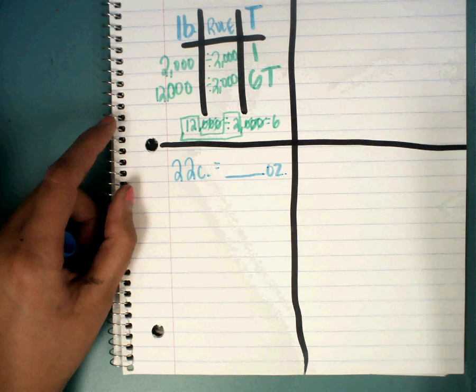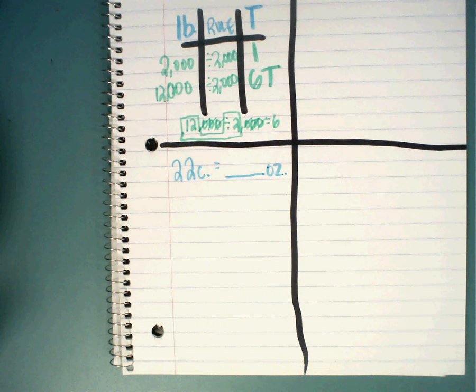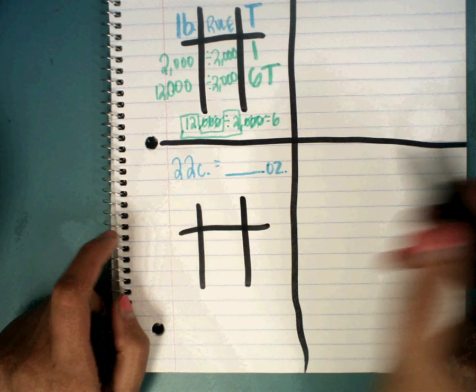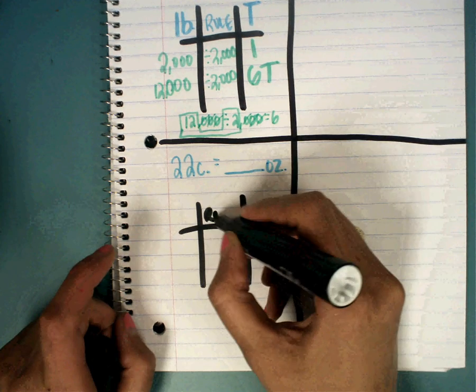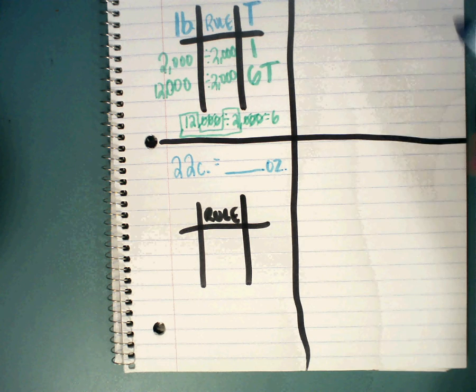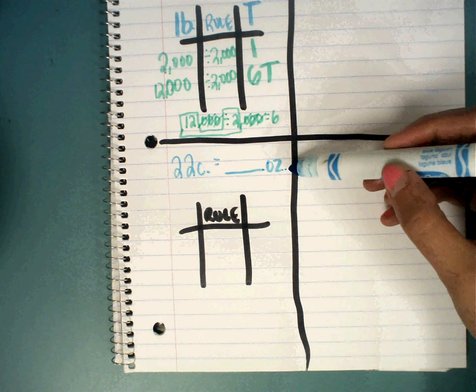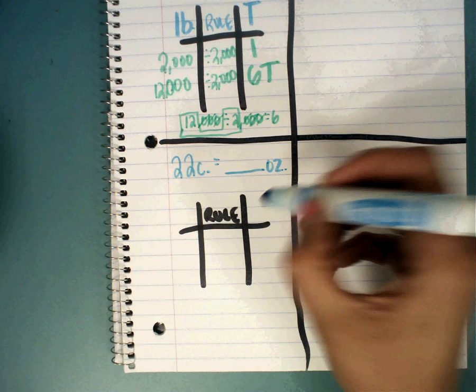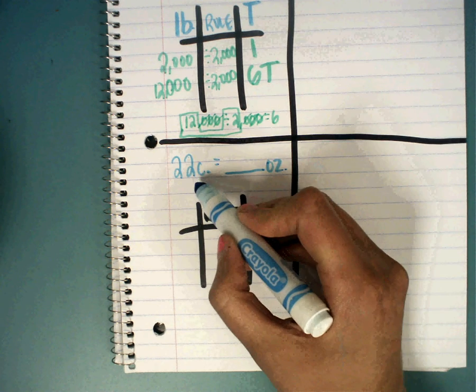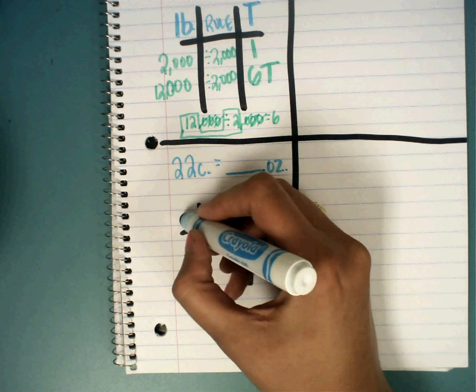Okay? So, strategy, make a double T chart. All right? Rules in the middle. Oops, can't write with this, too fat. Okay. What am I looking for? My answer label is going to be ounces. I'm looking for ounces, so I'm going to put ounces on this side. What I'm given is that there are 22 cups, so I'm going to put cups on this side.